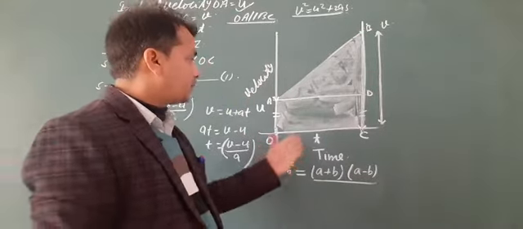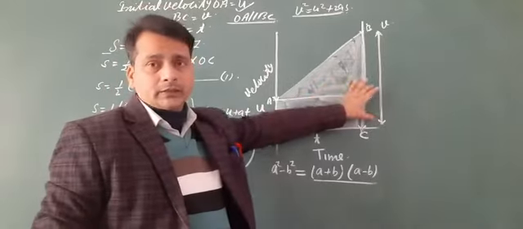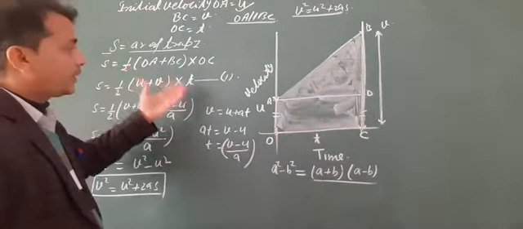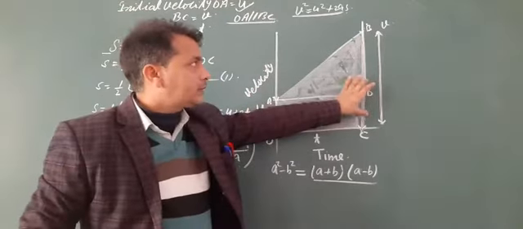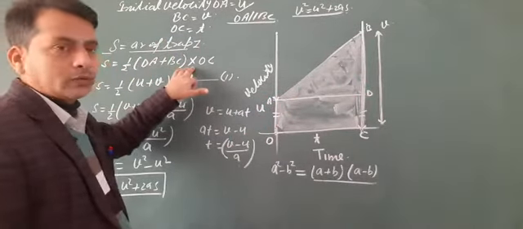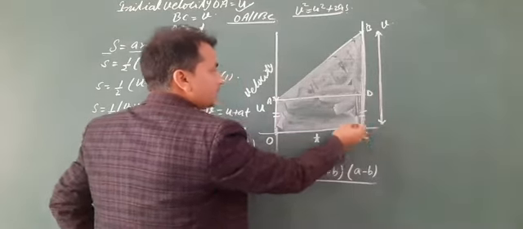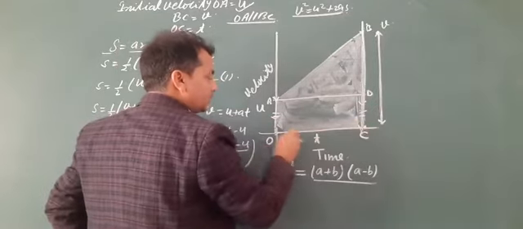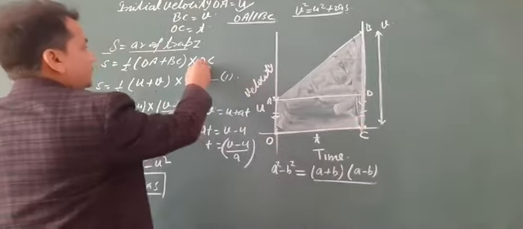In this trapezium the parallel sides are OA and BC. Then 1 by 2 times the sum of OA and BC, into the distance between them, and the distance between them is clearly OC.